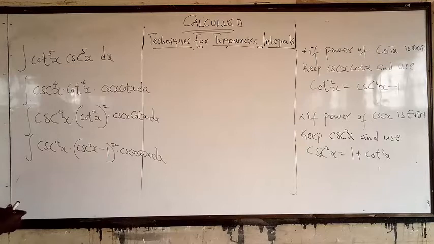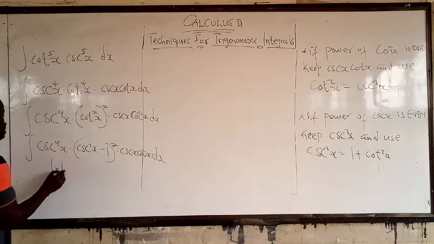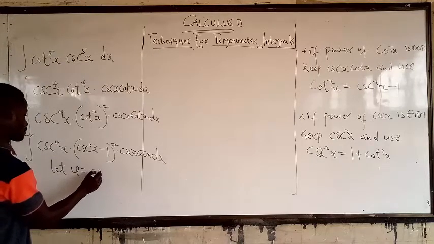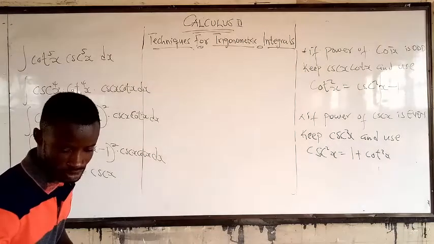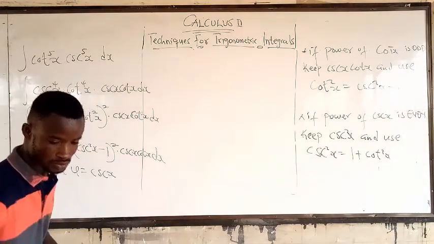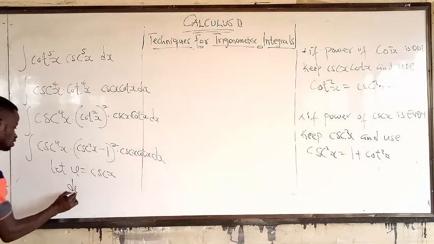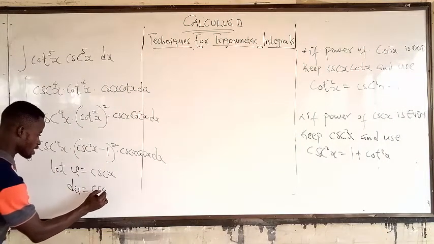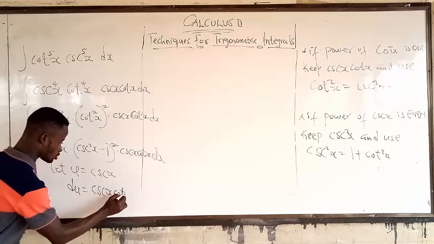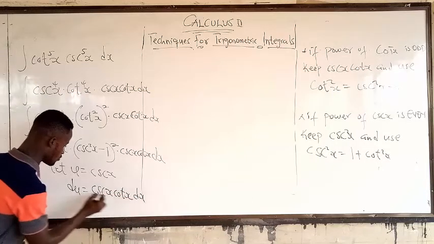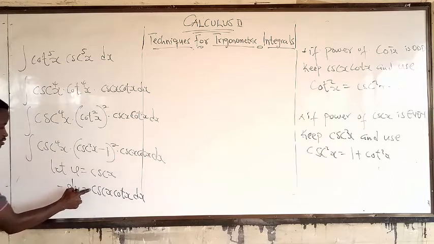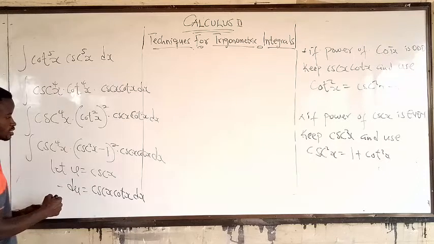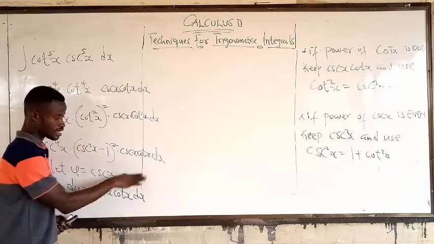And now, looking at it critically, we can let u be equal to cosec x. And when you differentiate cosec x, you get du equal to negative cosec x cot x dx. Don't forget here is negative. But when you negate both sides, negative du is equal to this, and this is exactly what is here.